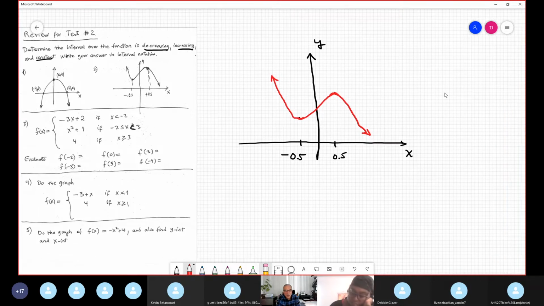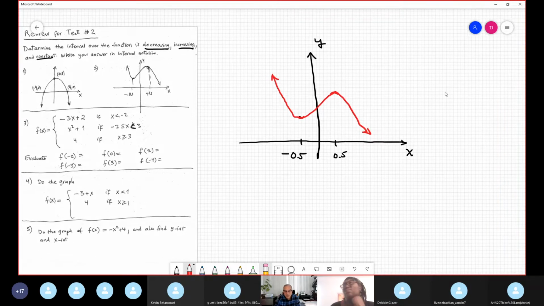Now, remember, our roller coaster is coming from left to right in that direction. Never go back in that direction. Our roller coaster travels on the curve. Boom. Like that. Boom.